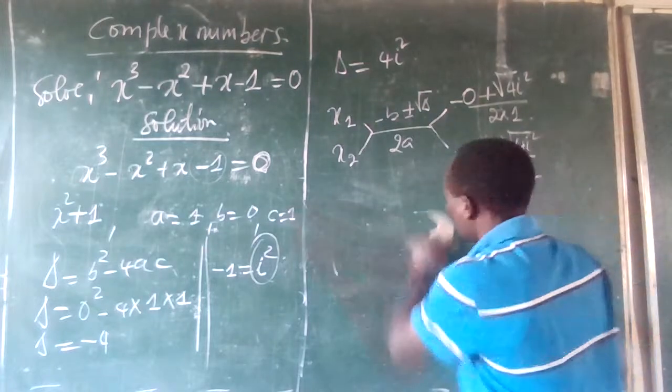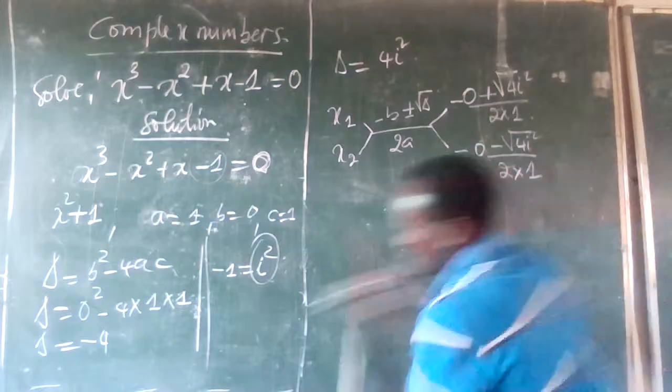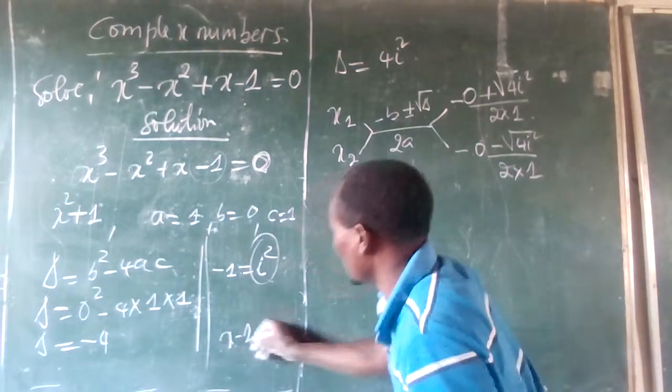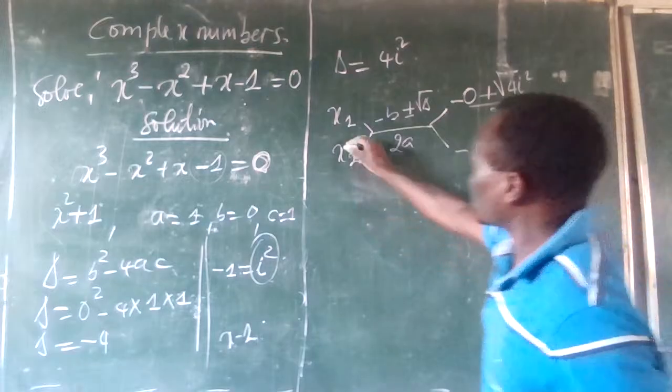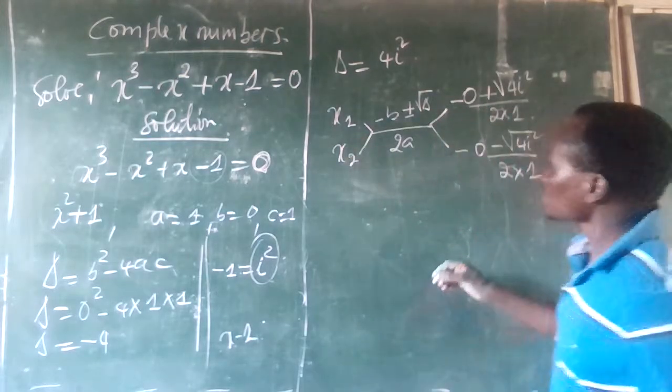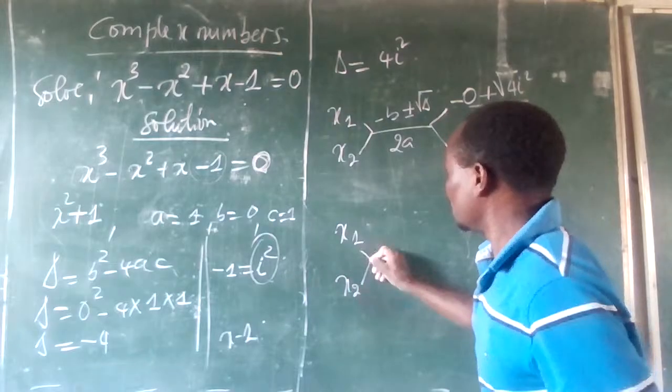Now remember this question, x minus 1, is the variable of x minus 1. Now let's have x1 and x2.